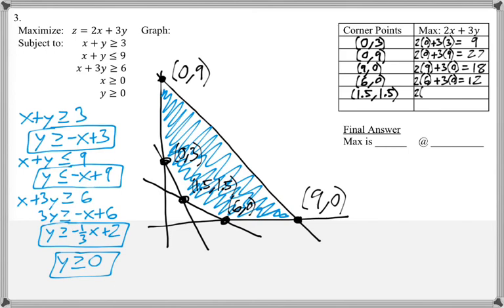And then 2 times 1.5 plus 3 times 1.5 is 7.5. So the maximum value is 27. That is our largest value here. So our final answer is the max is 27, and this happens at 0, 9.